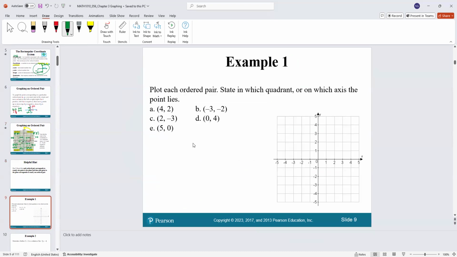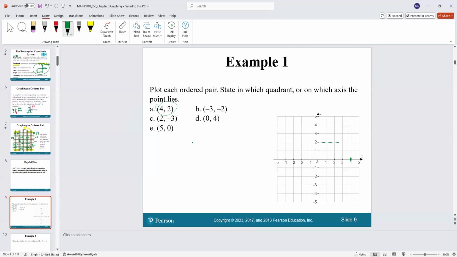We're going to start with plotting some points on the XY plane, or we can call it the Cartesian coordinate plane or rectangular system. So the first point A, X is 1, 2, 3, 4 right there, and Y is 2.